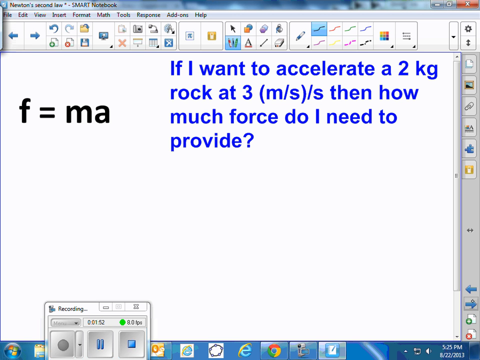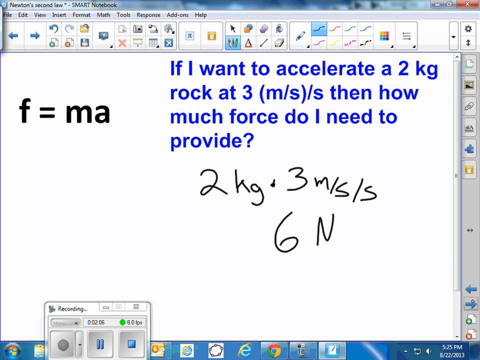You multiply your 2 kilograms by your 3 meters per second every second, and that gives us a value of 6 kilogram meters per second squared, which we give a special name called newtons. That's a measure of force.